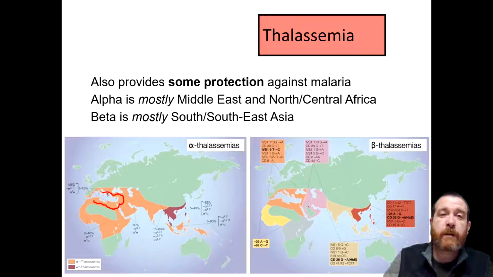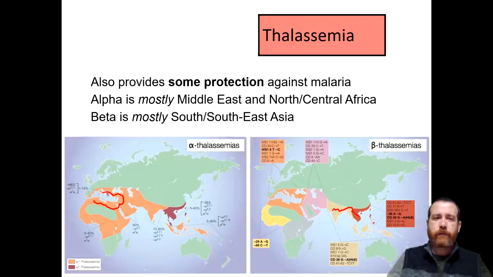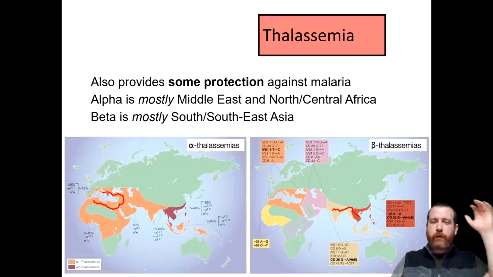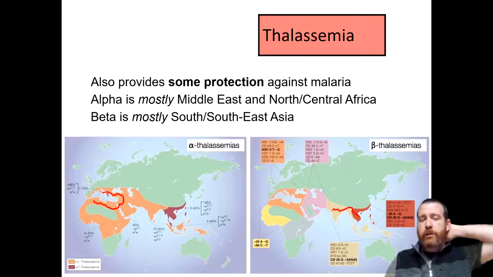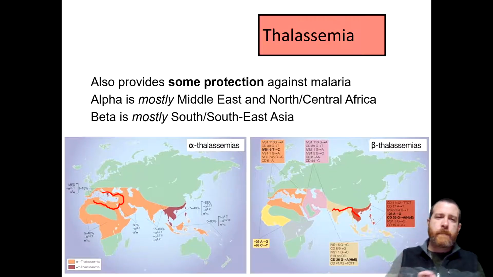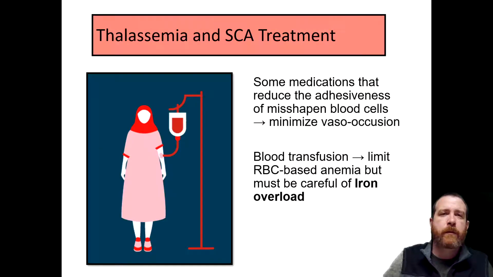Mostly when we're talking about beta thalassemia, that ends up being through India and other areas of Southeast Asia. So it's spread across both regions, but the generality is Mediterranean versus Southeast Asian. That's not necessarily a complete one-to-one though.